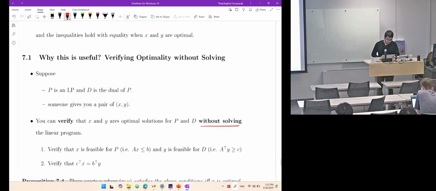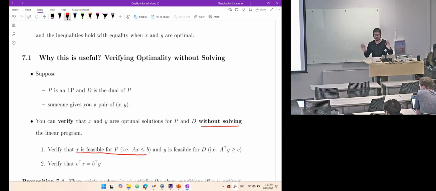So what do we need to do? We just need to check that X is feasible. That's easy, just multiply the vector by the matrix, multiply X by A. And then check that Y is feasible. And then check that the objectives of X and Y are the same.